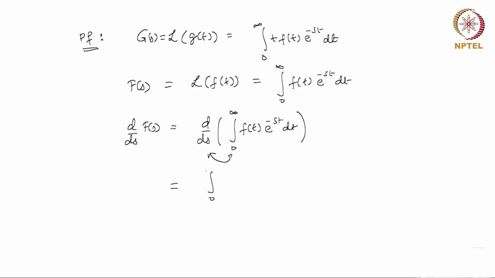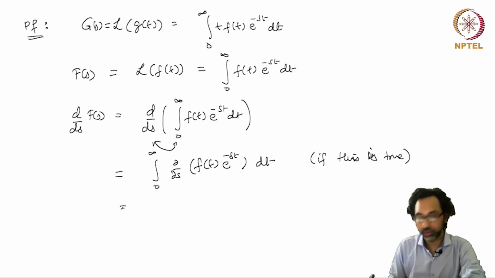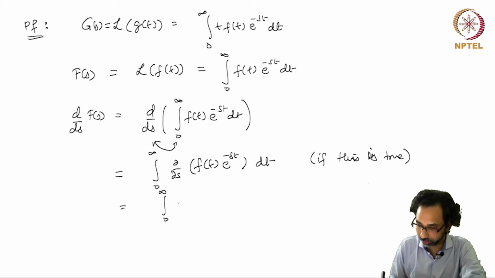Suppose that we can interchange these two operations, the integral sign and the derivative, so that we have the integral of the partial derivative with respect to s of f(t) e^(-st) dt. If this is true, then our result is immediate, because this partial derivative is nothing but -t f(t) e^(-st) dt.